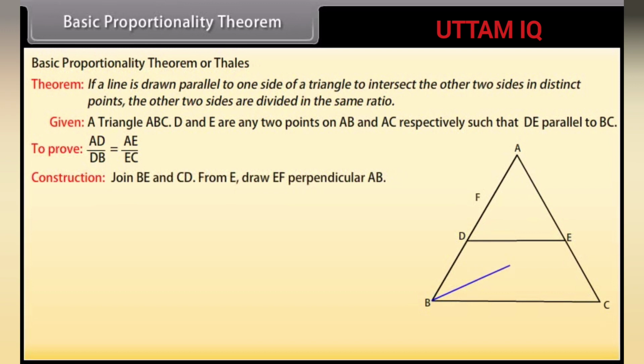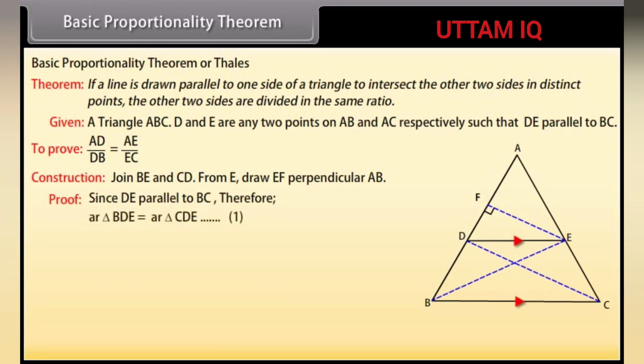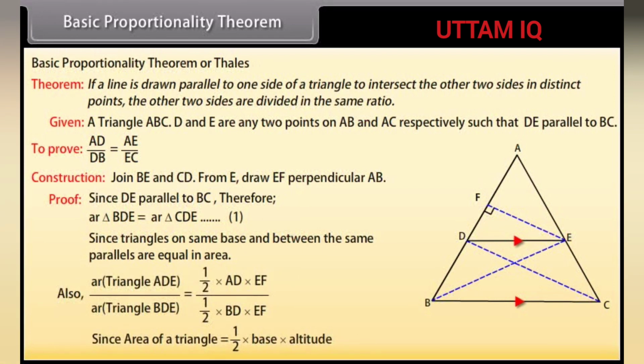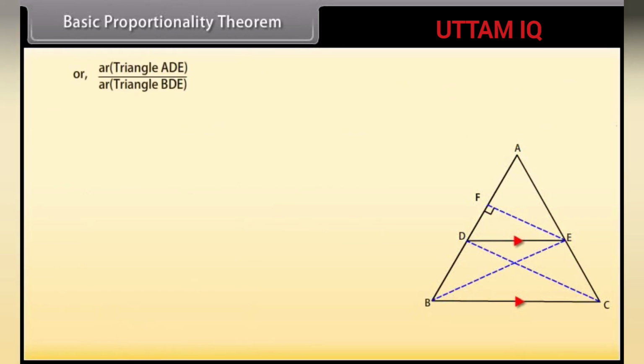Construction. Join BE and CD. From E, draw EF perpendicular to AB. Proof. Since DE is parallel to BC, the area of triangle BDE equals the area of triangle CDE. Mark it as 1. Since triangles on the same base and between the same parallels are equal in area, and since the area of a triangle is equal to 1 by 2 into base into altitude, area of triangle ADE upon area of triangle BDE is equal to AD upon BD.